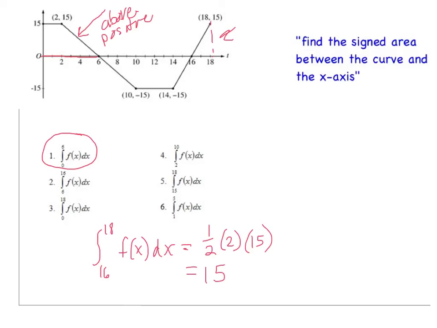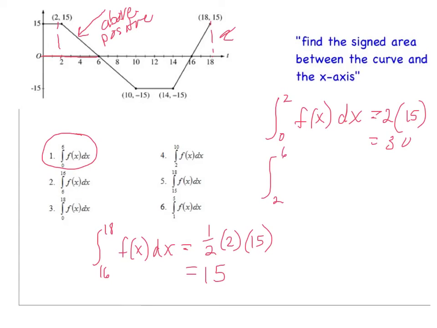If I want to find this one, like say for instance I want to go from 0 to 2 of f of x dx, 0 to 2 is just a rectangle, so it's going to be 2 times 15, which is 30. So what is it from 2 to 6? Well, 2 to 6 is a triangle, right?